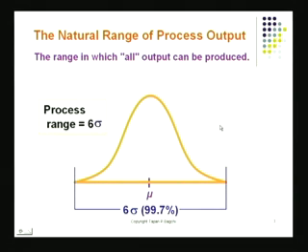Take a look at the full range now, the full range that covers almost all the output. Almost all the output is now contained within mu plus 3 sigma and mu minus 3 sigma. This 6 sigma range pretty well covers almost the total output if the output is normally distributed.